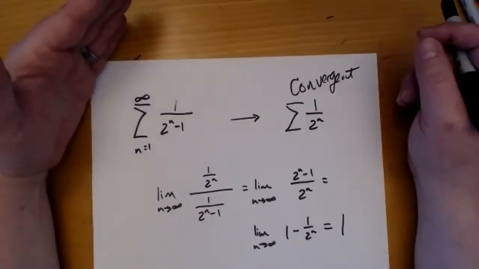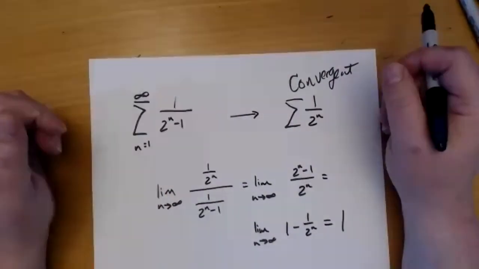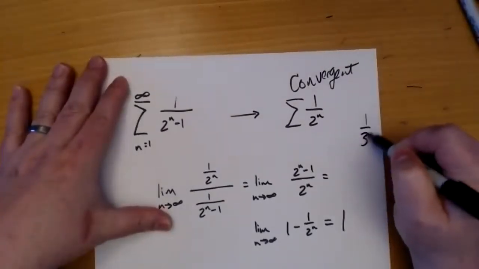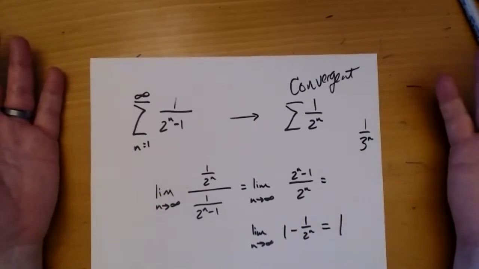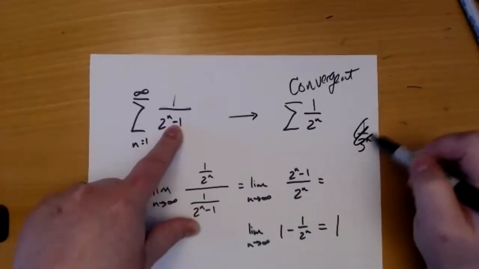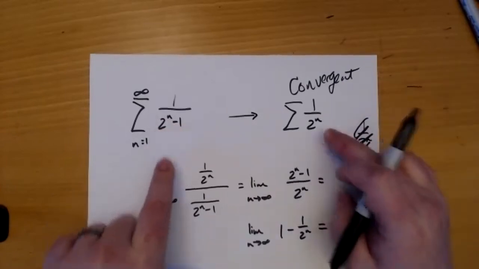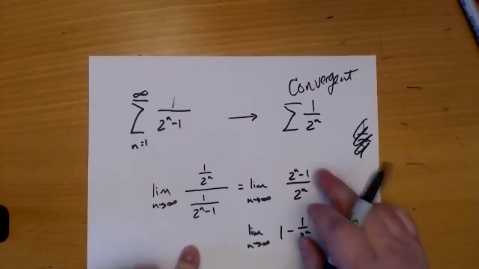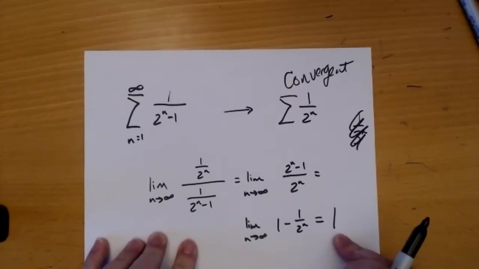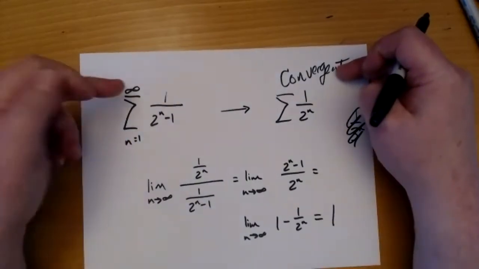It moved it to the right a little bit, but it didn't make it go faster. 1 over 3 to the n would be slower. This changes the speed, but just knocking off that -1 doesn't change the speed. So I'm looking at how fast each of them is moving, and since they're both moving at the same speed, he's going to converge and this guy is also going to converge.